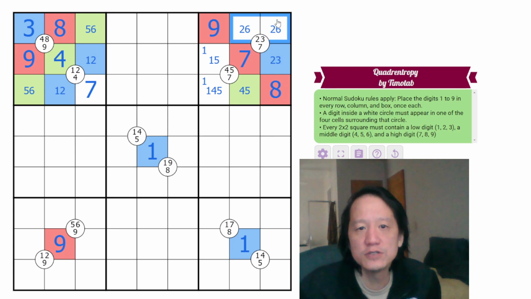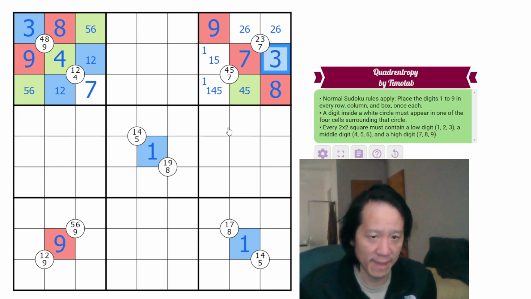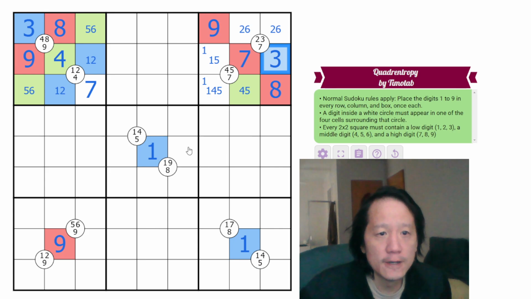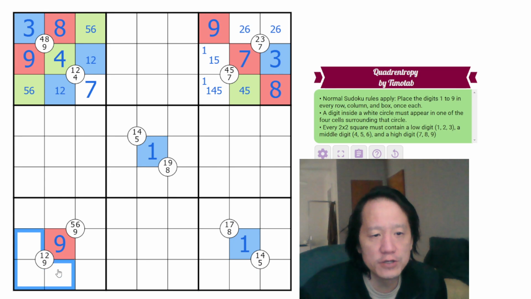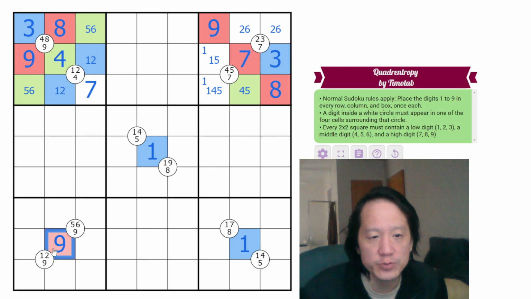Again, we have a 2, 6, 2, 6 pair in box 3, which eliminates 2 and 6 from the rest of the box. Therefore, this must be a 3. Let's see. We know there's a 1 and a 2 here. Those are two lows. We also have a high in this 2 by 2 area around this quad circle.